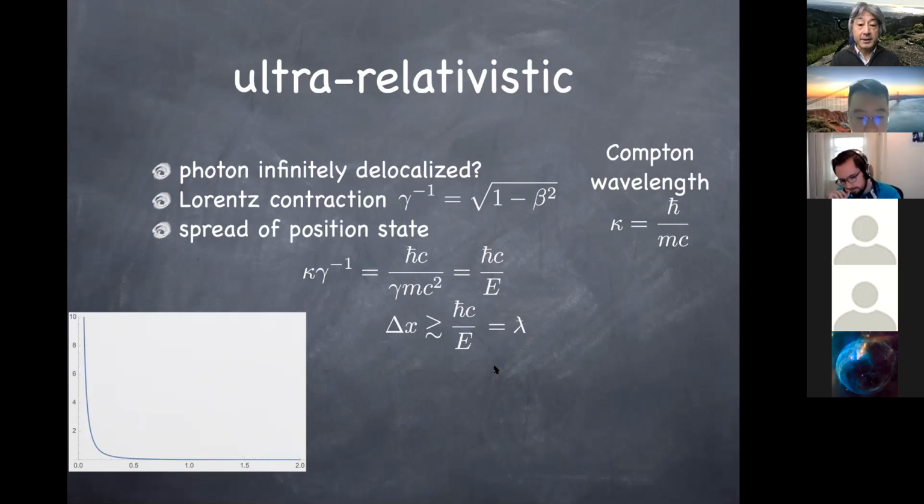So it makes sense. If you go to a high energy photon, then you can have the photon being very well localized. Many of you know from experimental optics that you can deal with femtosecond lasers. The laser pulse in this case has a duration of only about a femtosecond, 10 to the minus 15 seconds.